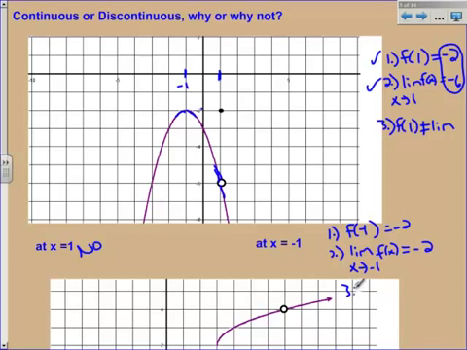And the third check is these things equal. F of negative 1 is the same number as the limit as x approaches negative 1 of f of x, because we got the same number here. So is it continuous at negative 1? Yes. That's a formal way of saying continuity. The informal way is, well, you didn't have to lift your pencil. So therefore it's continuous. But down here you did have to lift your pencil.